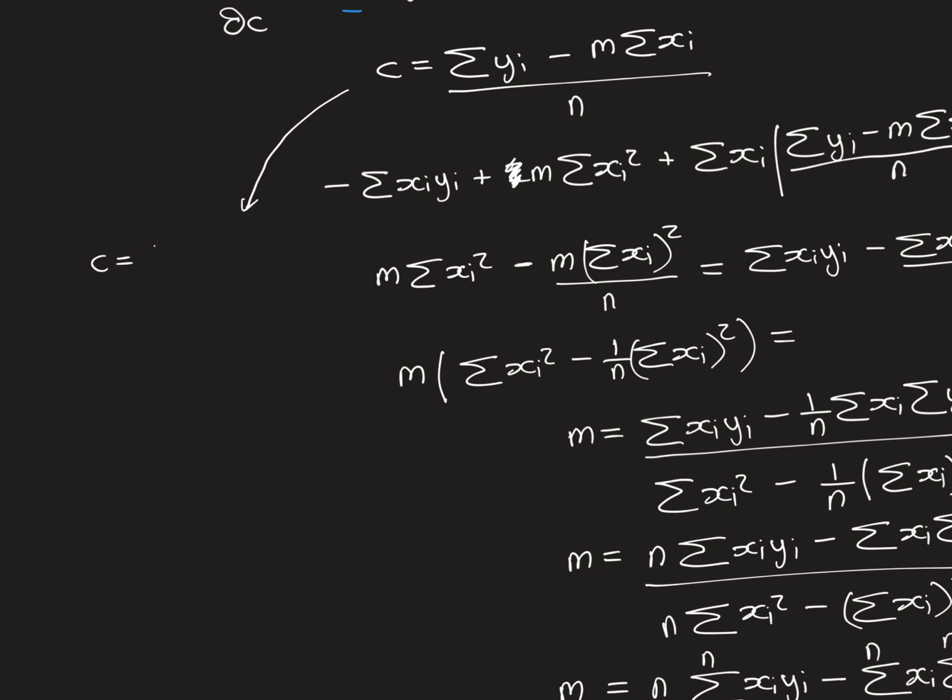c is equal to 1 over n times the sum of yi minus 1 over n the sum of xi times this hideous thing that we've got for m, which is the sum of xi yi. And I'm copying the wrong one out. Well, we can put it back.